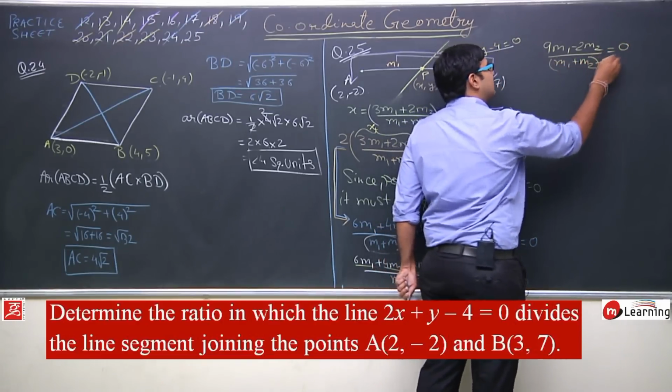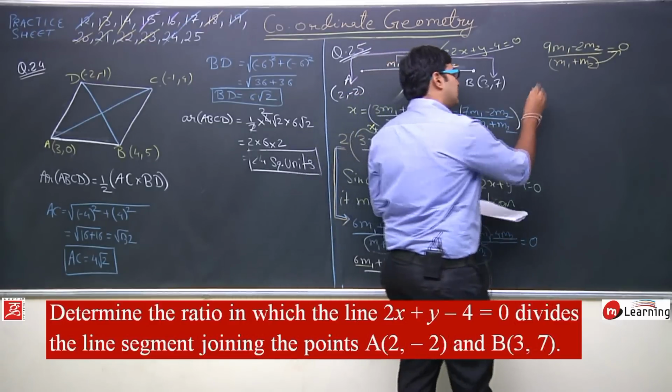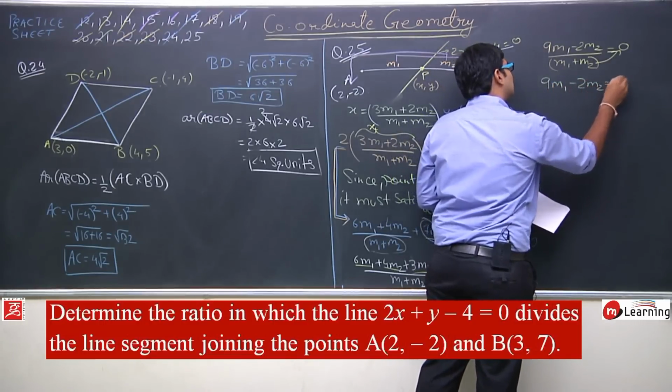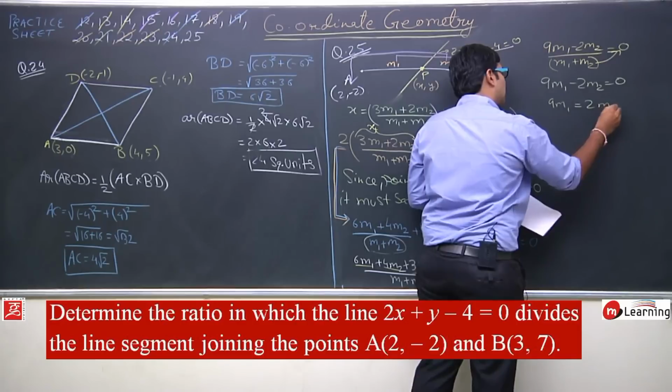Now this m1 plus m2 will go to 0, and you will be left with 9m1 minus 2m2 equals 0, that is 9m1 equals 2m2.